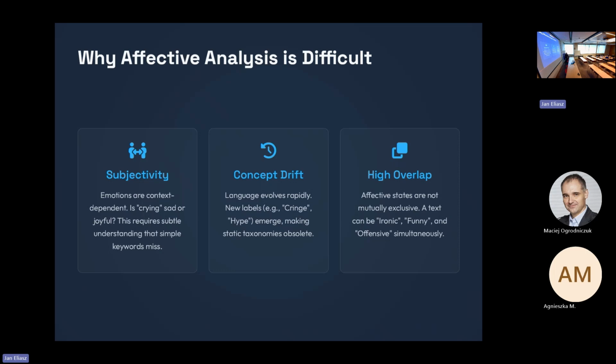Also the concept drift. When our language evolves, other labels occur more often. For example, cringe, hype. These terms weren't that common a few years ago. And also the high overlap of these labels.